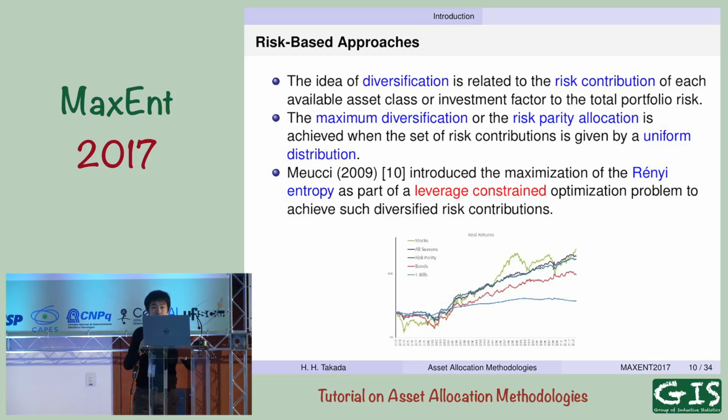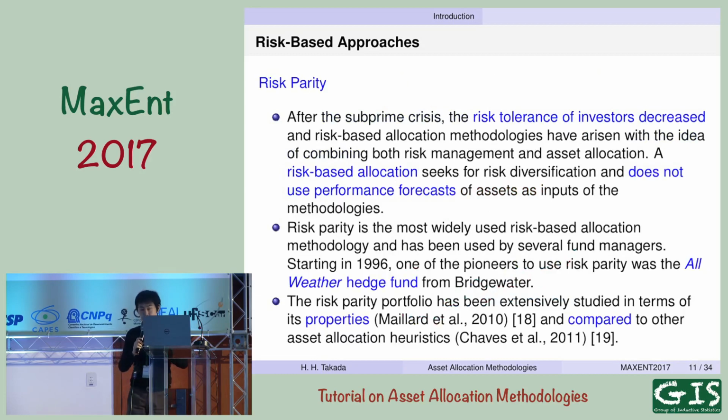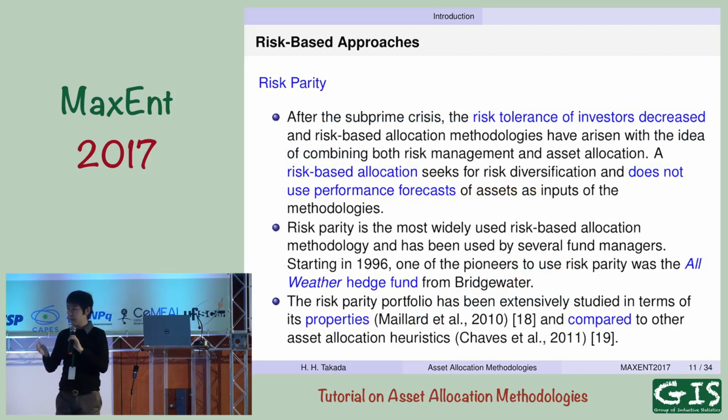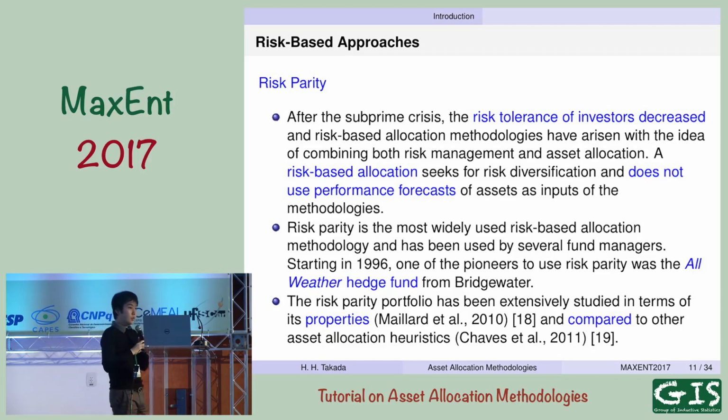So here is just an observation telling that Meucci introduced the use of maximization of the entropy as part of a leverage constraint optimization problem to obtain the risk parity allocations. So risk parity is just a portfolio where we're going to try to make the risk contributions of each asset class equal.